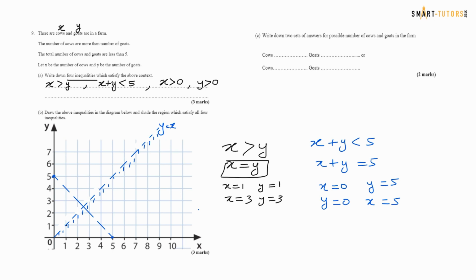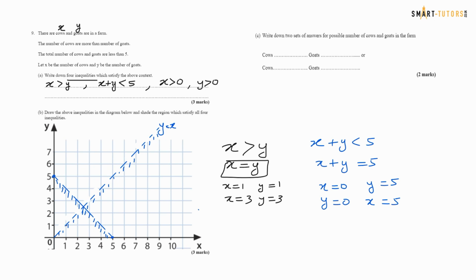Assume that you draw the dotted line for the inequality. But now we are going to shade below or above. y is below the 5, so that means downwards here. This is the region.